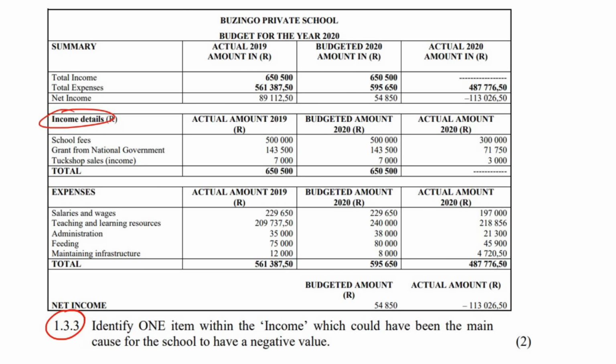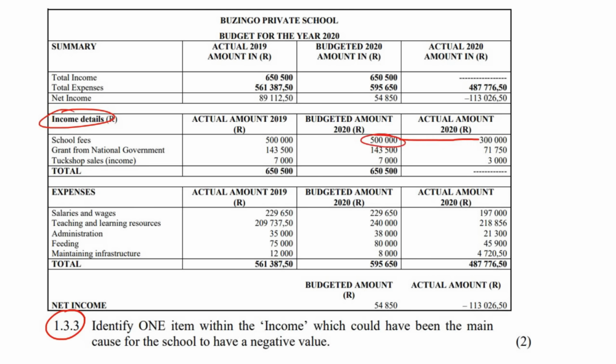Okay, so if you go to the income and you look at this one, compared to what they wanted or what they budgeted for, you can see that, okay, there was less income from the tuck shop. There was less income from the national government, but the big one is look at the school fees.